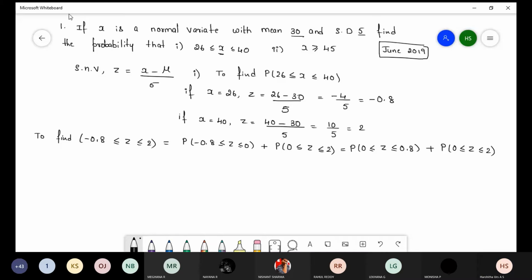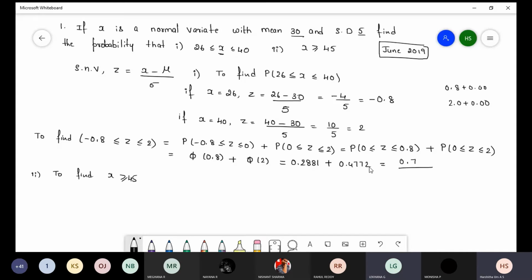Now phi of 0.8 plus phi of 2. For phi of 0.8, we look at 0.8 and the 0.00 column, which is 0.2881, plus the 2 value, 0.4772. What is the addition? 0.7653. Yes, this is the solution for the first one.